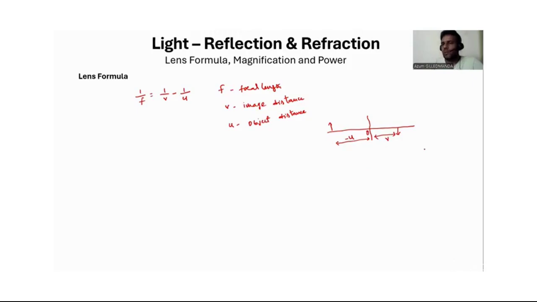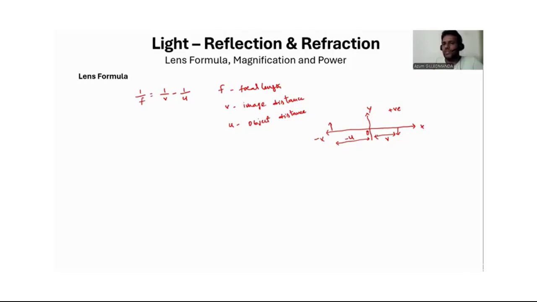If you take this as a coordinate plane, to the right, let's say this is the x-axis, and this is minus x, and this is y. For the object or image distances, you have to consider the vertical distances as positive, and the minus x.